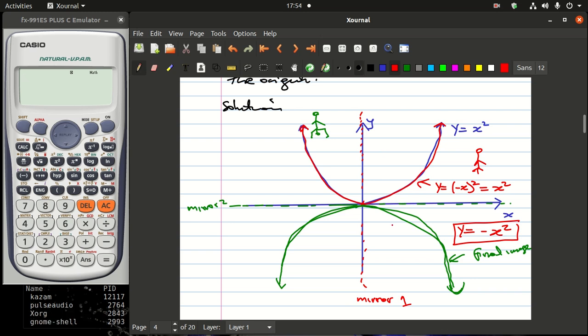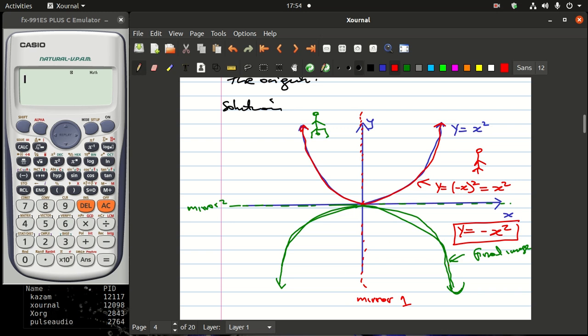Now, someone might say, what if I start by placing the mirror along the x-axis and then take the mirror along the y-axis? Will that make a difference? So if we were to take an image of this by the horizontal axis, you would get this.